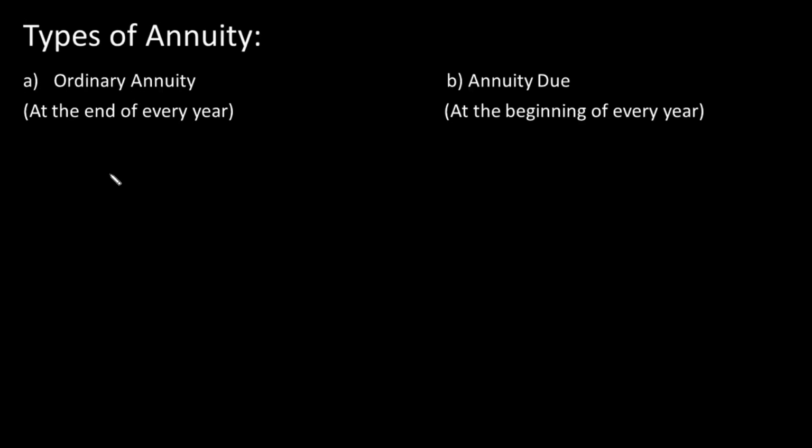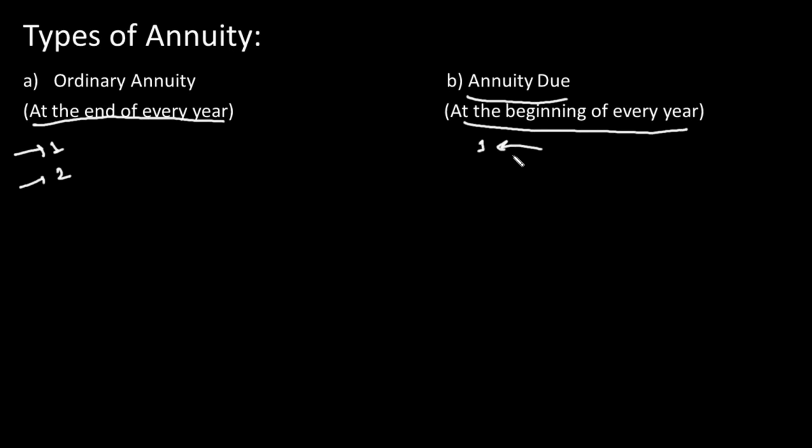Now, as told pehle, there are two types of annuity. One is ordinary annuity, where we pay the amount at the end of each year. That is, at the end of first year, the end of second year. But annuity due is when we pay the amount at the beginning of every year. मतलब first year शुरू होने से पहले we paid ₹1000, then second year शुरू होने से पहले we paid ₹1000.